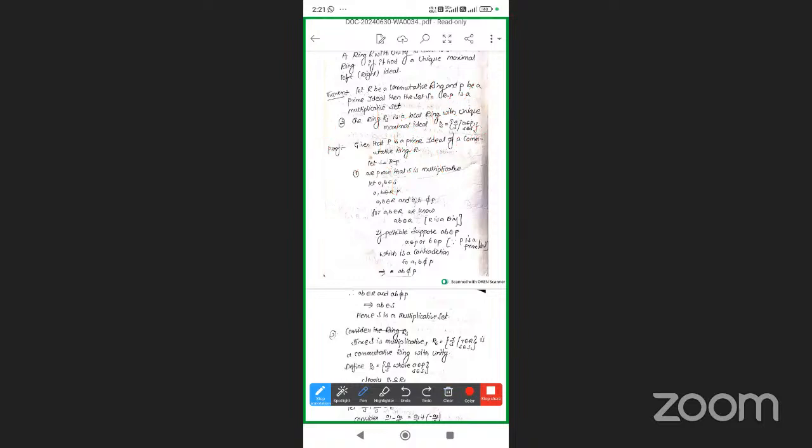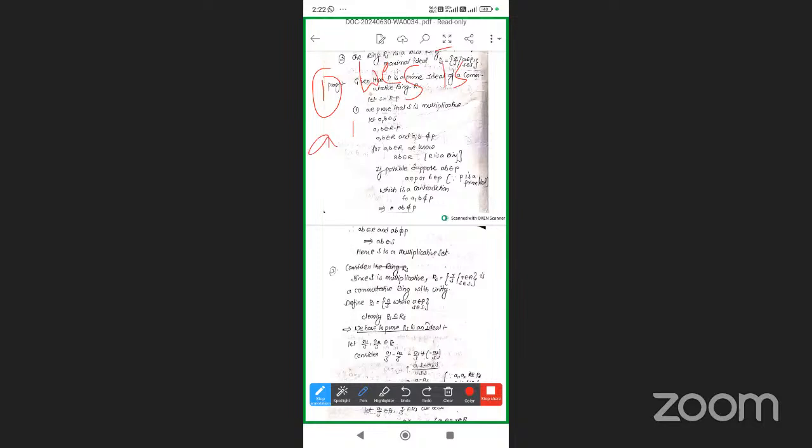Given that P is a prime ideal of a commutative ring R, let S be equal to R minus P. First, we prove that S is a multiplicative set.